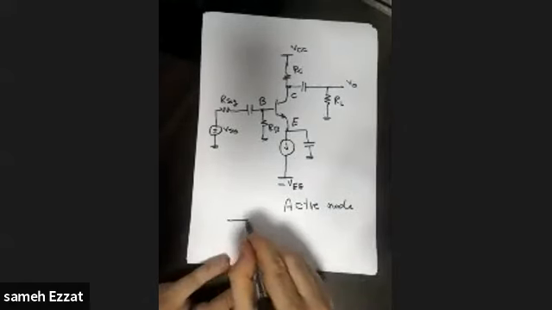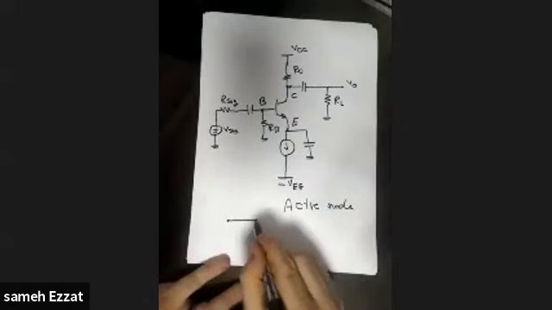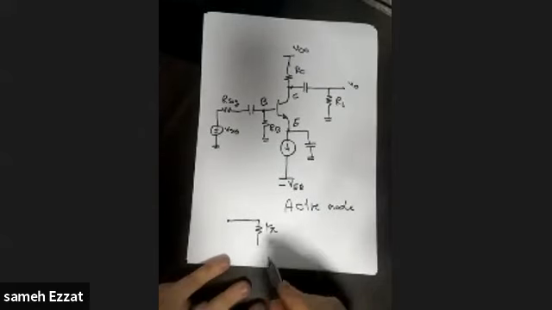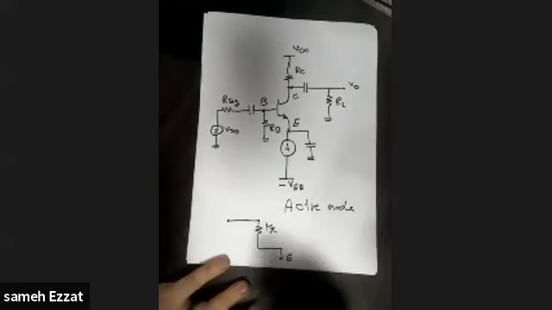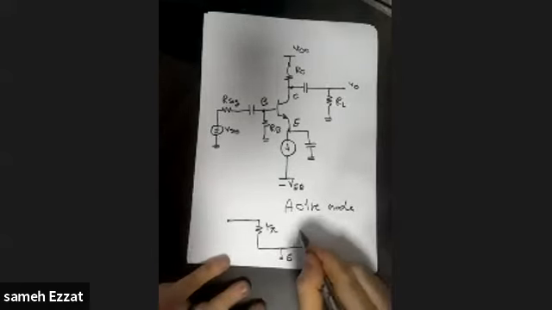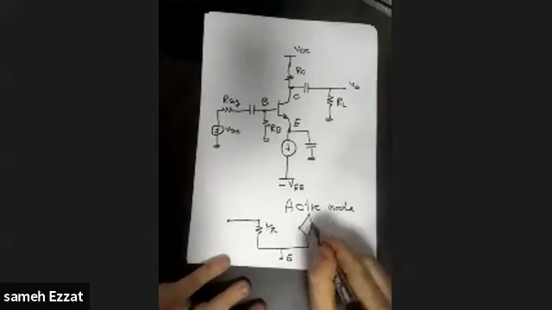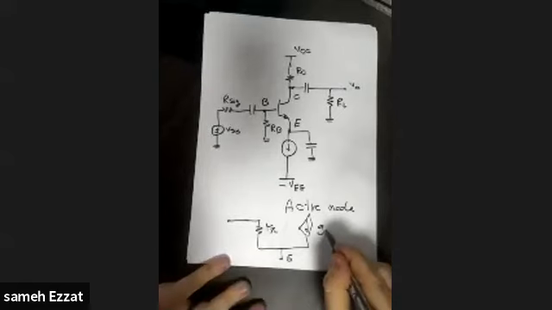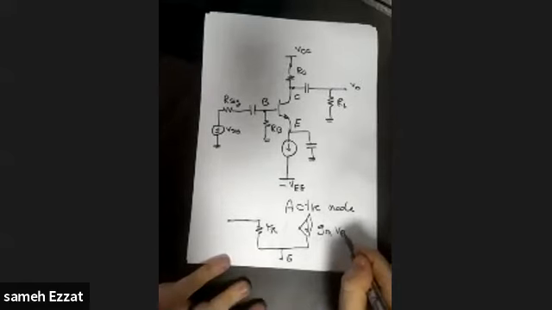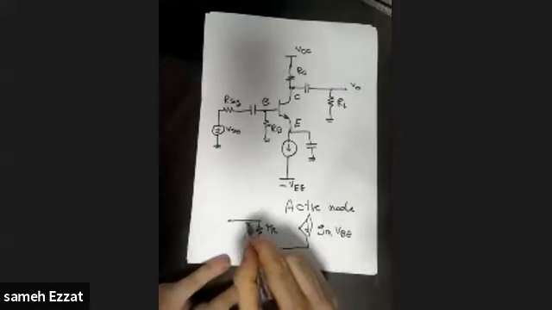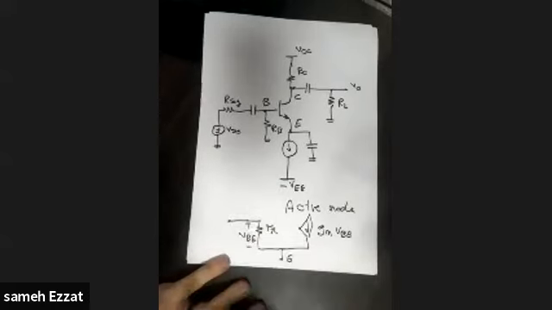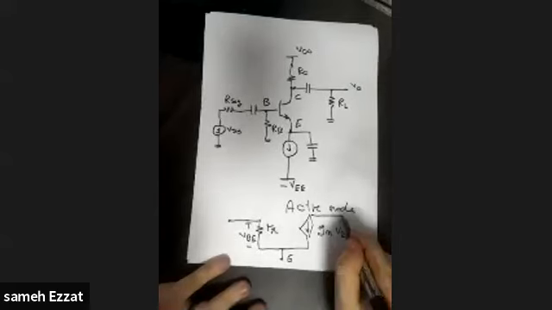Here you have the base, and you have a resistance called r pi, and then you have an emitter, and then you have a voltage dependent current source called gm times v pi, where v pi is the voltage drop on the r pi resistance, and of course this is the collector.